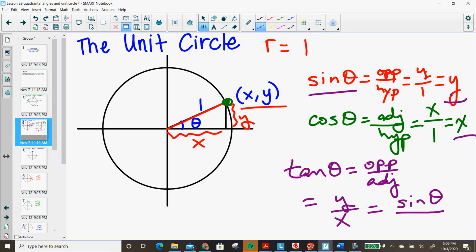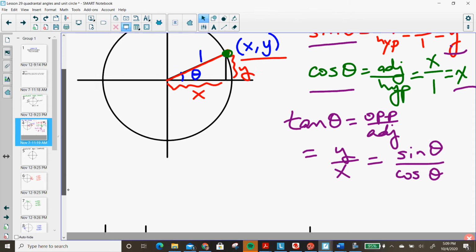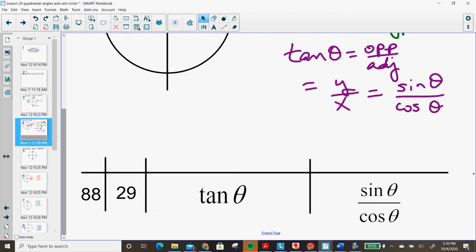And we saw that x is also the cosine of theta. So that is going to give us a new formula that you may add to your formula list, that the tangent of theta can also be written as the sine of theta over the cosine of theta, and sometimes that is going to help us out a lot.